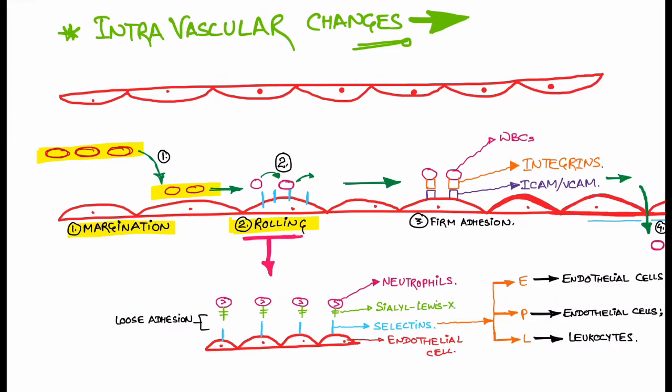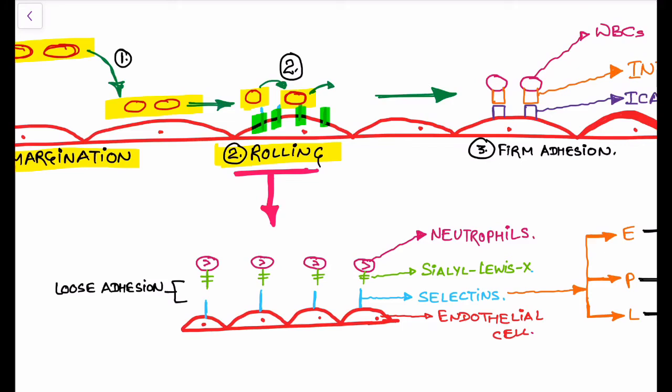In this, how is the WBC going to slow down? We have some speed breakers. In case of rolling, neutrophils have sialyl Lewis X on their surface, and endothelial cells have selectin on their surface.